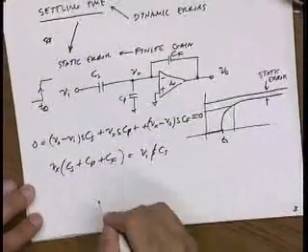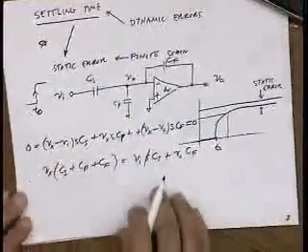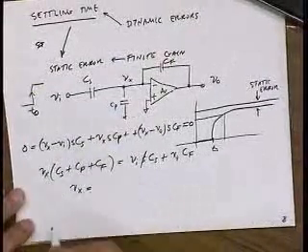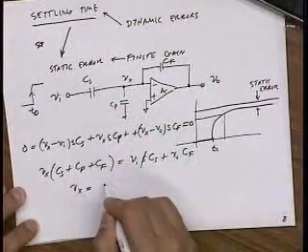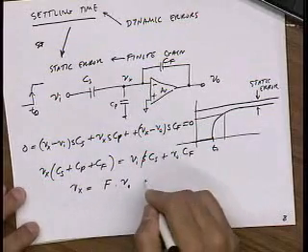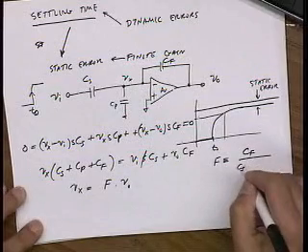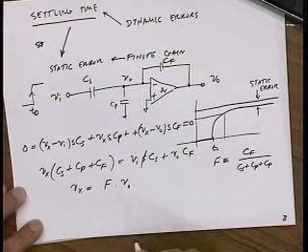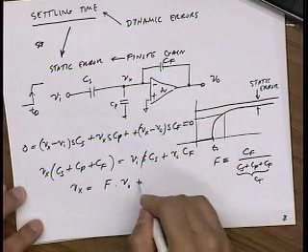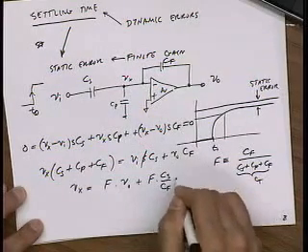Well, s really cancels out, so I can get rid of it. Plus Vout times CF. Okay. So now I have an equation that says Vx is the feedback factor F times Vo, where F is defined like before as CF over (CS plus CP plus CF), which is just the total capacitance, plus the feedback factor times CS over CF times Vin.